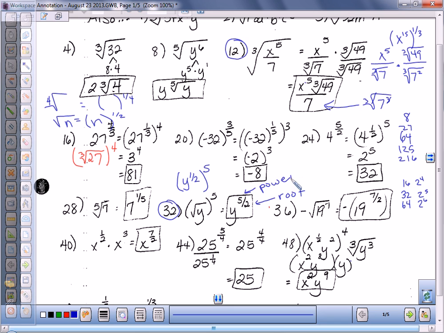So if I gave you the 7th root of x to the 5th, this is my root, this is my power. That's x to the 5/7. So your root always is your denominator, the power is the numerator. But this is why, because when we multiply them, we get our root times our power, and that gives us that. Okay? All right, what else?